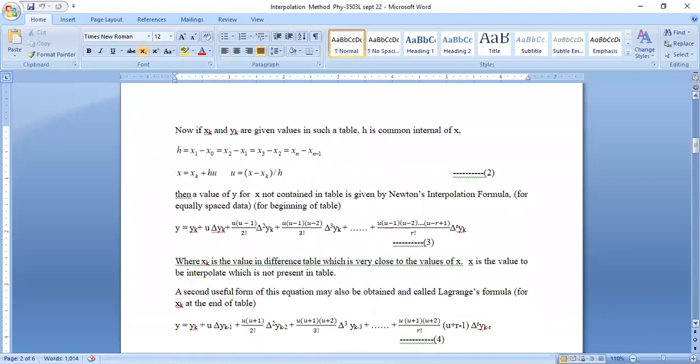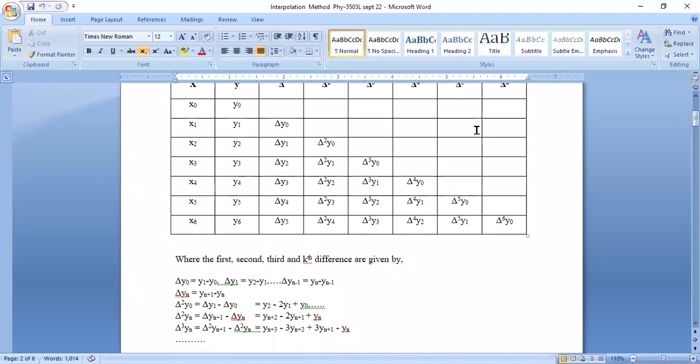And the second useful formula is for obtaining the value of y for a given value of x, where xk, which is very close to x, is lying at the end of the table. If xk is lying at the beginning of the table, then you require forward interpolation.